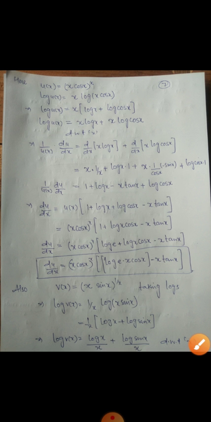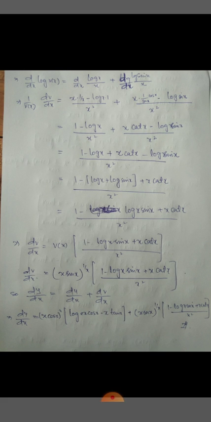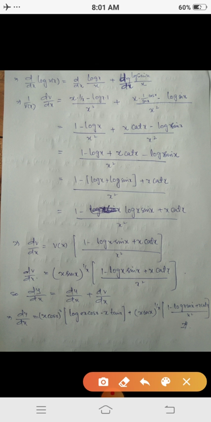Now when we differentiate this equation with respect to x, we simply get 1 upon v of x dv by dx. Now here we have a function which is the quotient of two functions. In the numerator we have log x, in the denominator we have x. Similarly here in the numerator we have log sine x, in the denominator we have x.